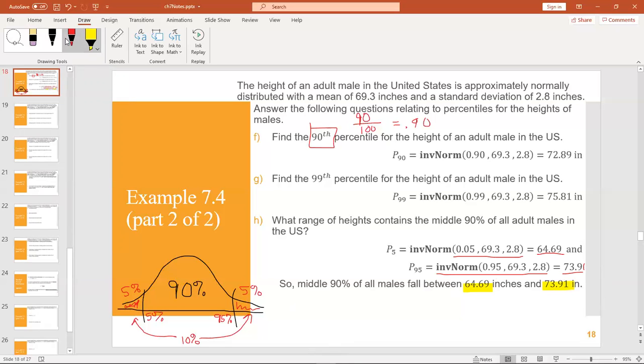In terms of raw numbers rather than percentages, this one right here is 64.69, for this specific example, and then this is 73.91. That gives you a range of heights that capture most, not quite all, of the outcomes that you will see.